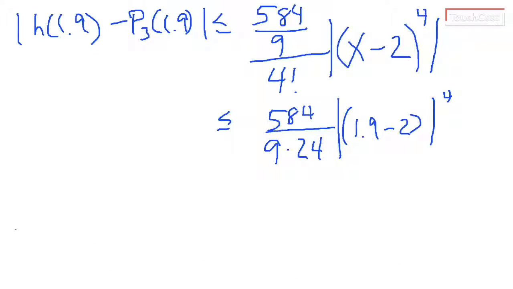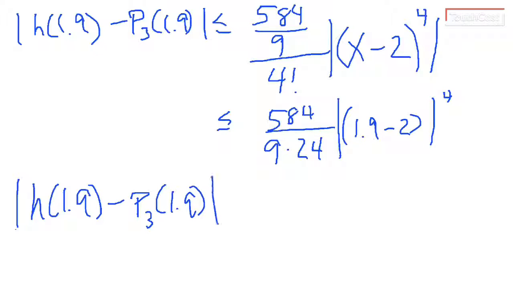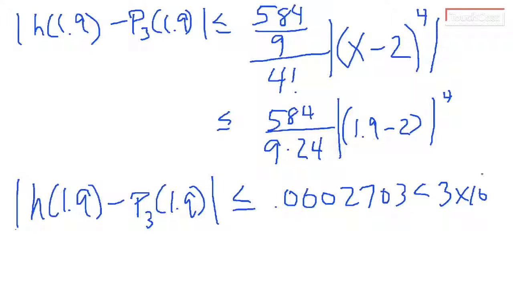So I've evaluated that. That turns out to be 0.00027, which is in fact less than 0.0003. So I might just conclude that h of 1.9 minus P sub 3 of 1.9 is less than or equal to 0.00027, which is less than 3 times 10 to the negative 4th. There you go.